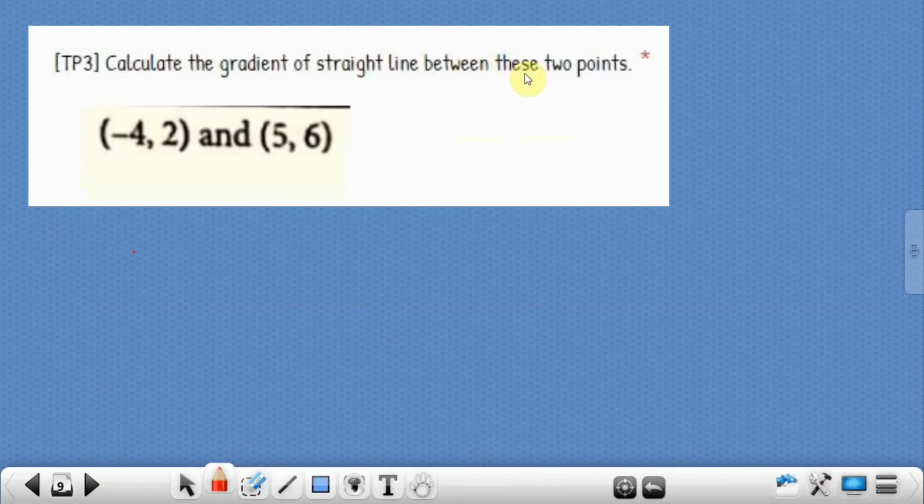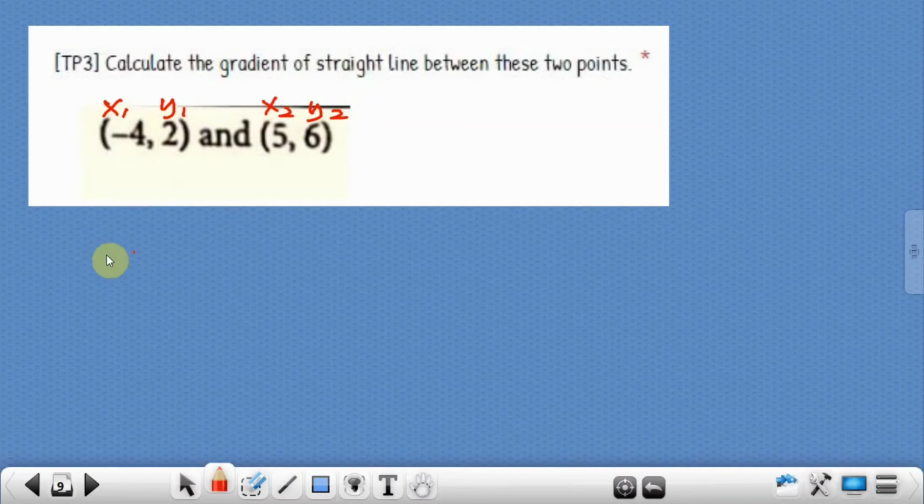Calculate the gradient of the straight line between 2 points. You have 2 points, so you just decide which one is x1, y1 and which is x2, y2. Let's say I put this as x1, y1, and this as x2, y2.